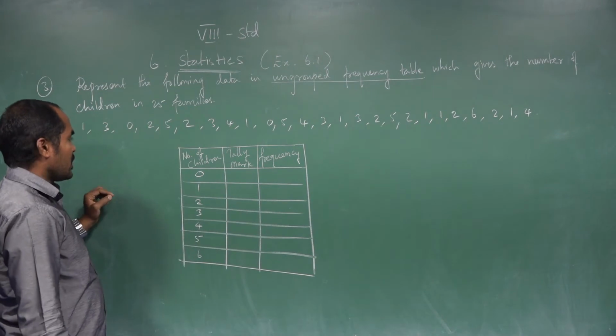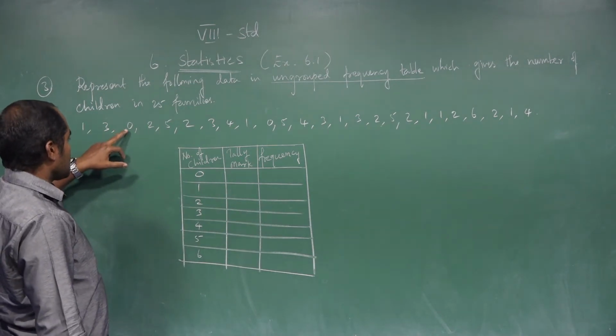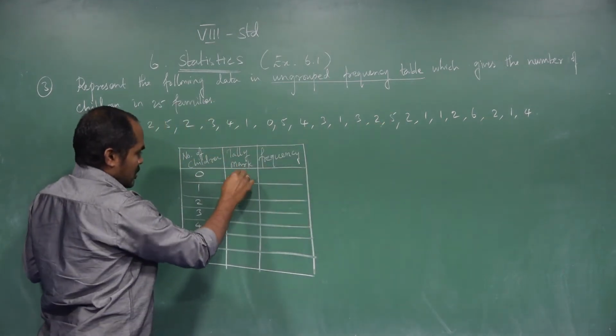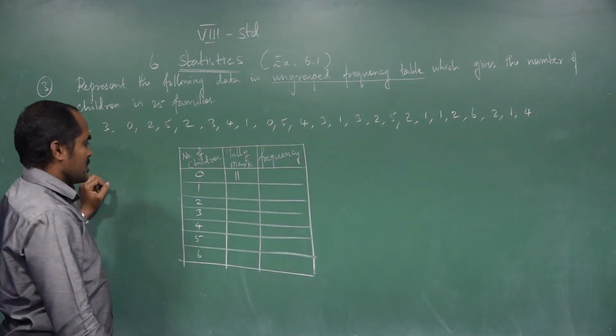How many families have no children? 1, 2 families, so write 2 lines here.